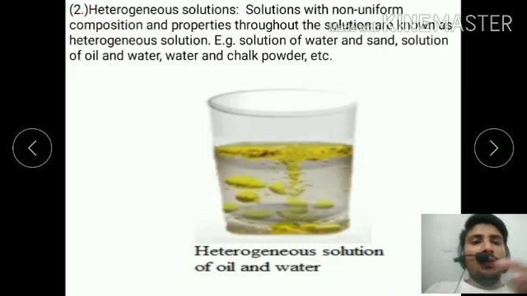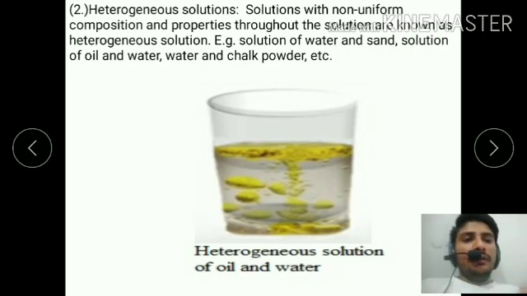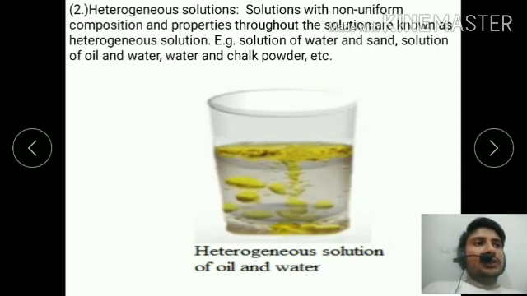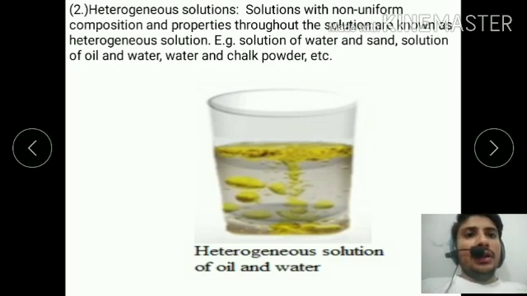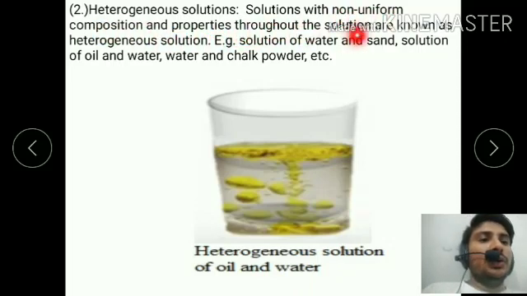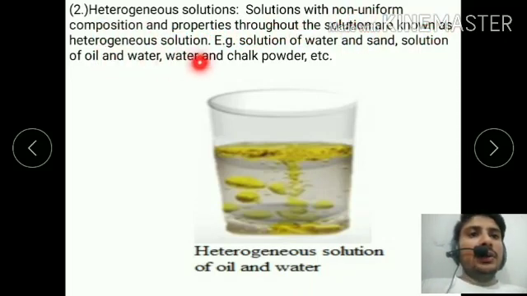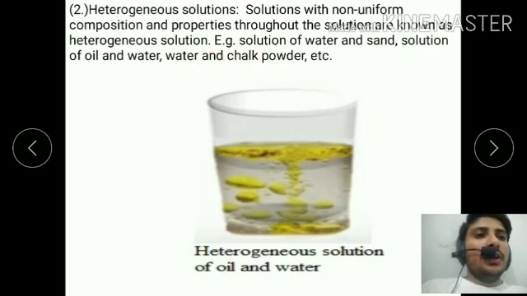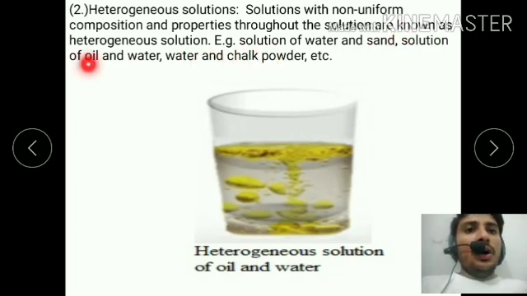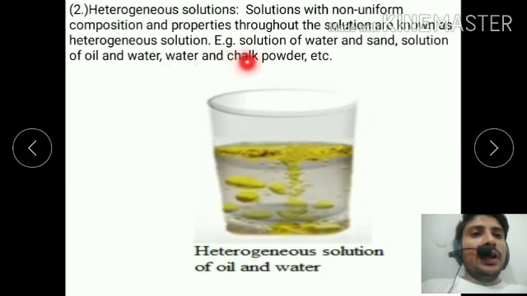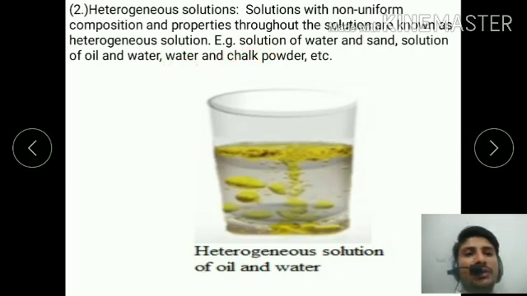Heterogeneous solution. What is a heterogeneous solution? A solution in which the solute is not properly dissolved is called a heterogeneous solution. You can say it has a non-uniform composition of solute and solvent. Solutions with non-uniform composition and properties throughout are known as heterogeneous solutions. Examples: sand in water, oil and water, chalk and water.